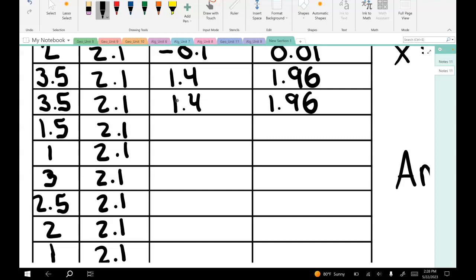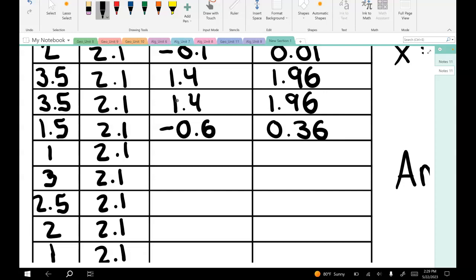So we do our next row. 1.5 minus 2.1 is negative 0.6. And then we square that to get 0.36. So our next row, we take 1 minus 2.1.